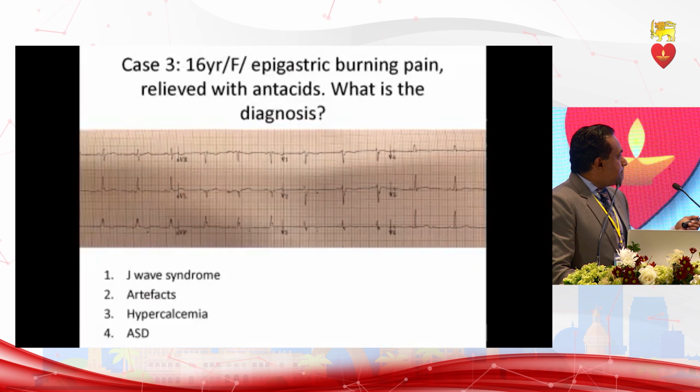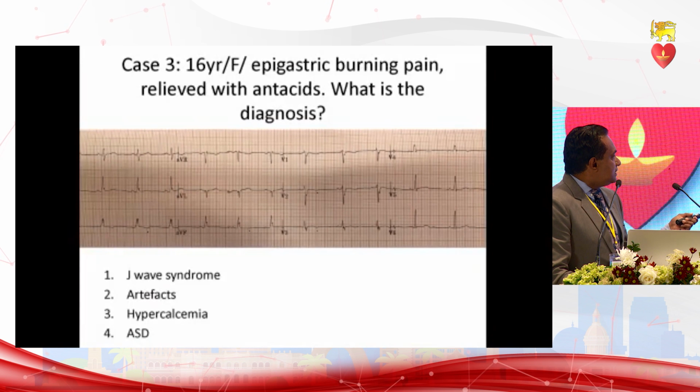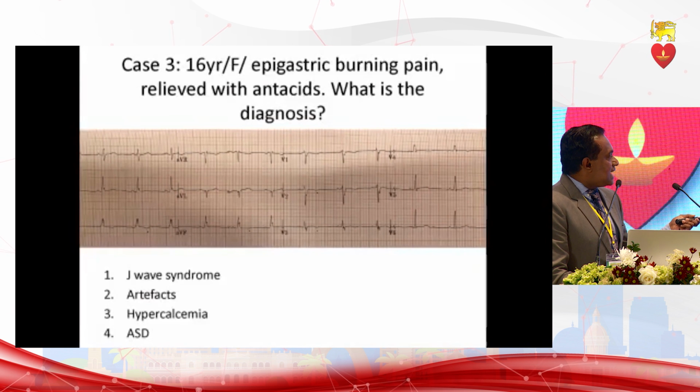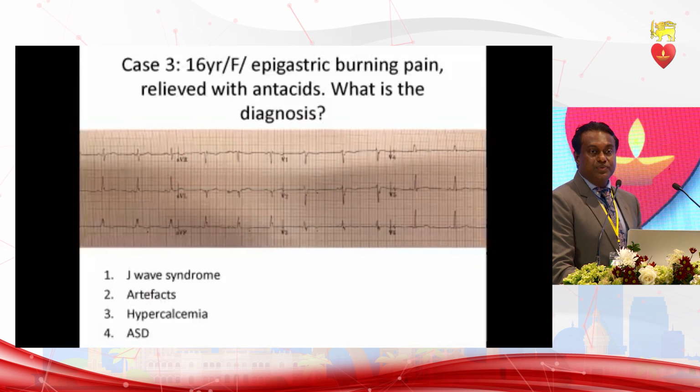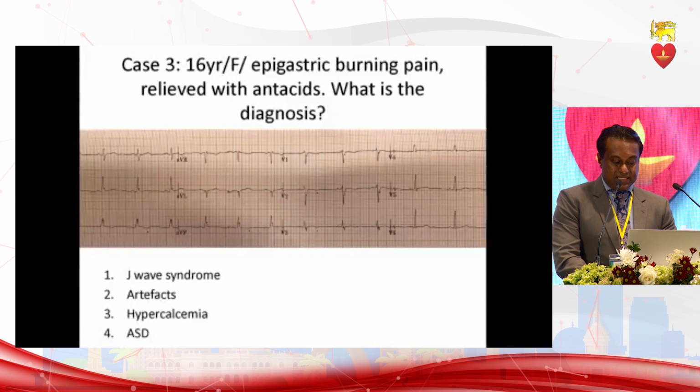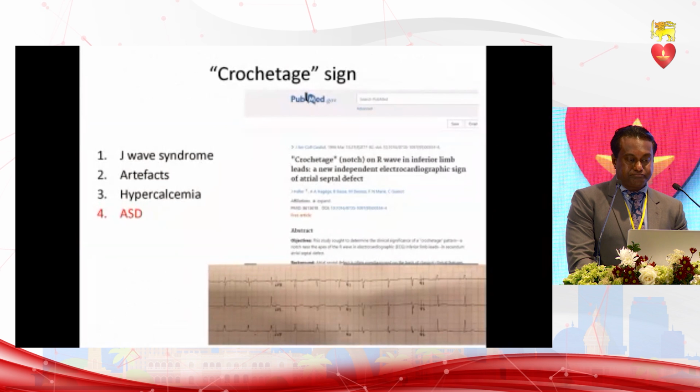But this particular wave in leads 2, 3 and aVF is actually quite taller. Sometimes in aVF it is about half the height of the QRS complex. So this is actually not just an ordinary J wave.